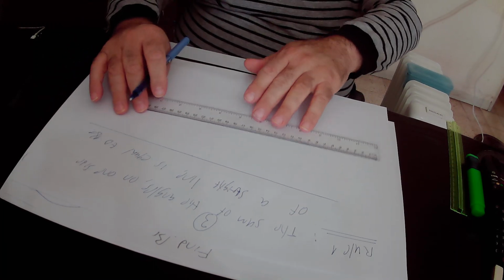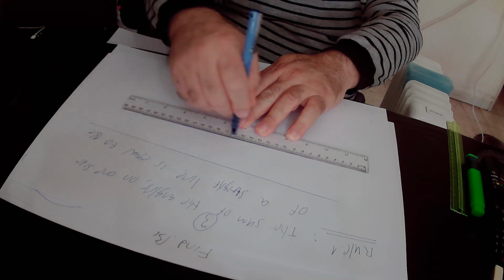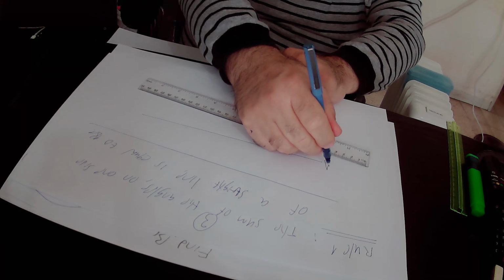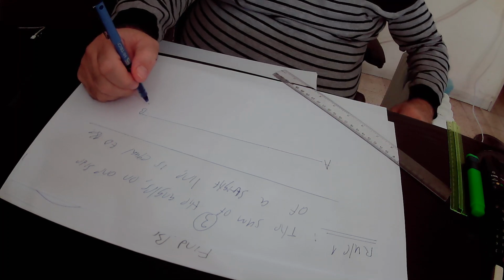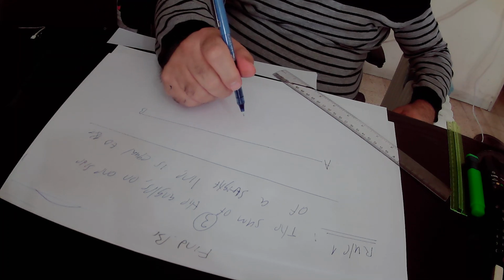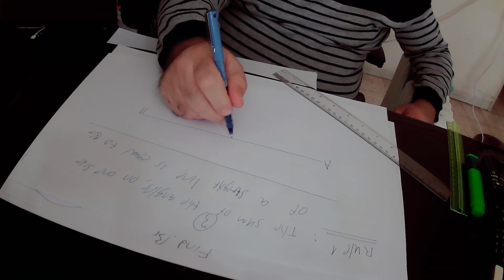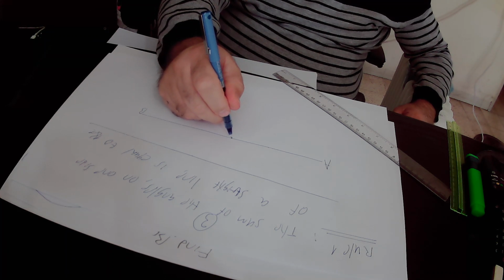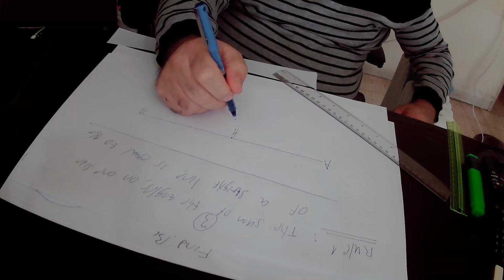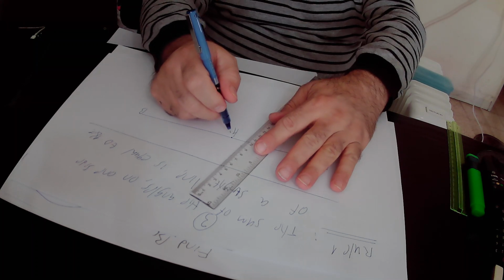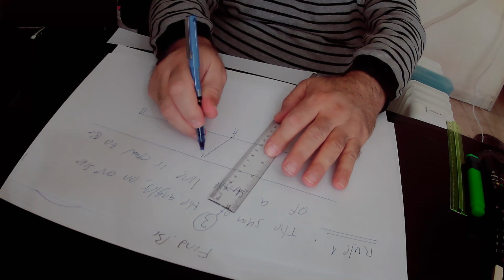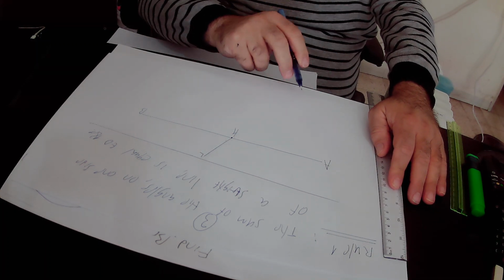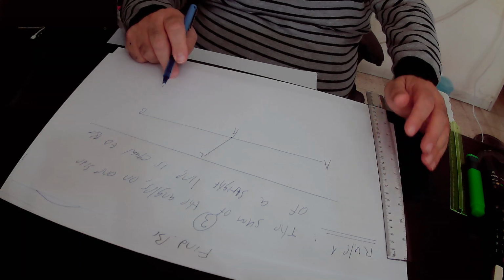So actually, if we have here straight line AB, AB is the straight line. If we choose any point on the straight line AB, for example, we'll choose this point, we define this point as point K, and we have side KL, this is side KL, on the straight line AB.